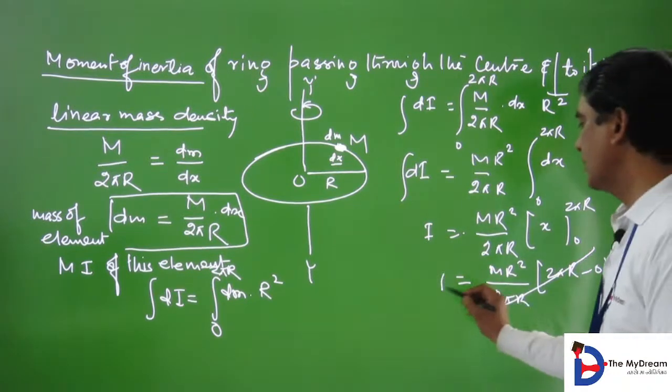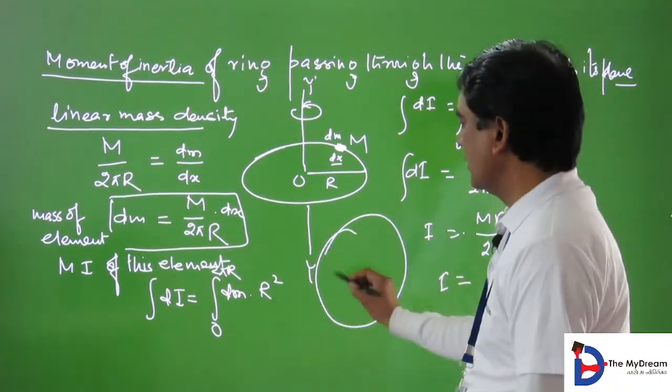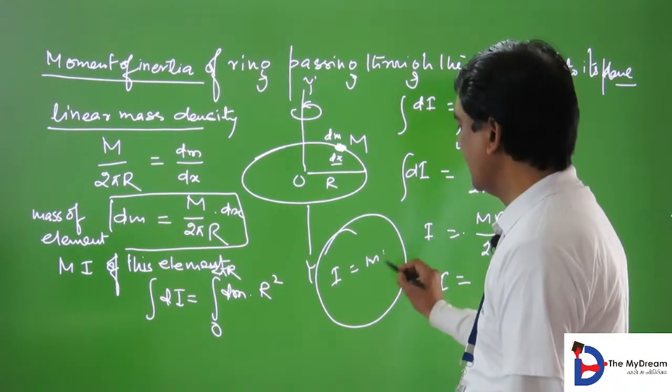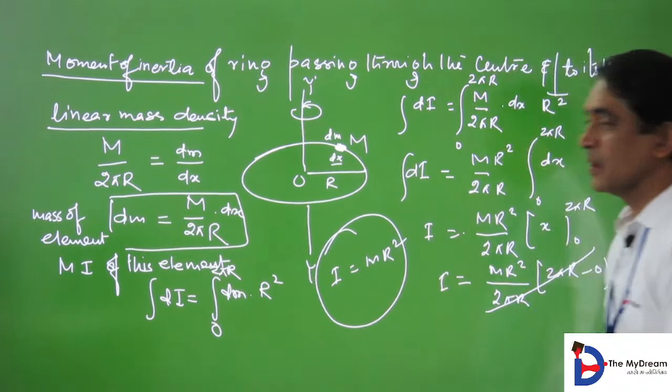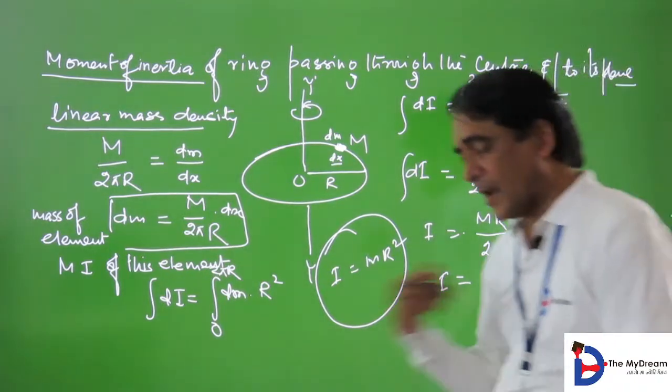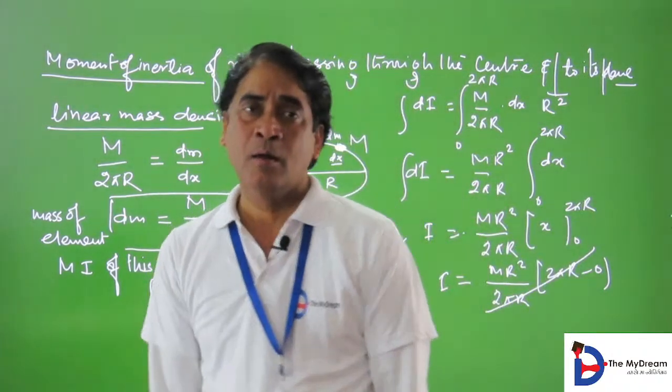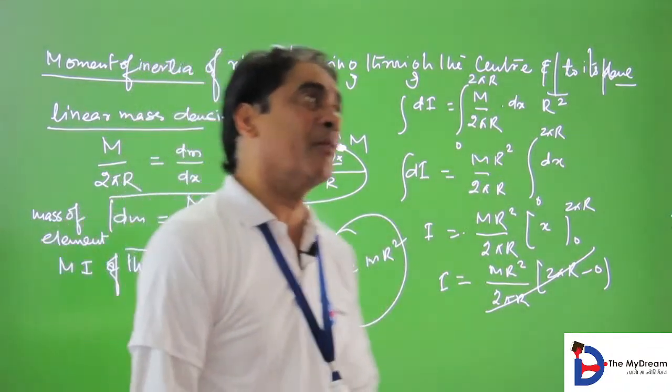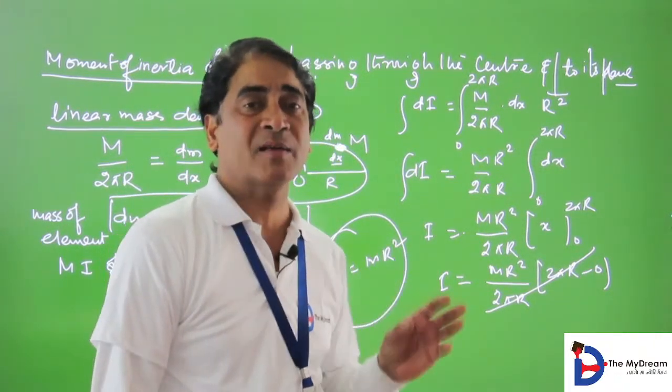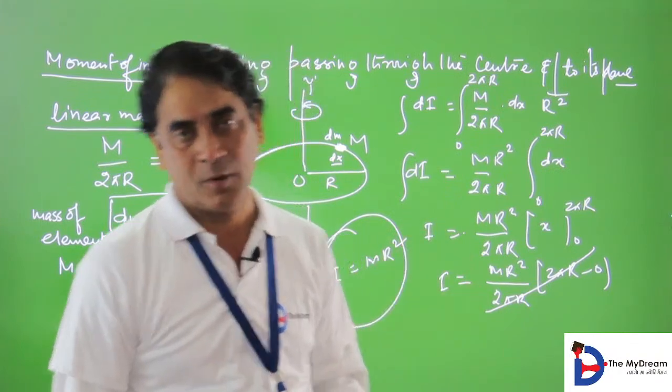Then you will get the moment of inertia of a ring, that is M R square. Once again I am telling you, if we are discussing the moment of inertia of different objects, you must know the distribution of mass.